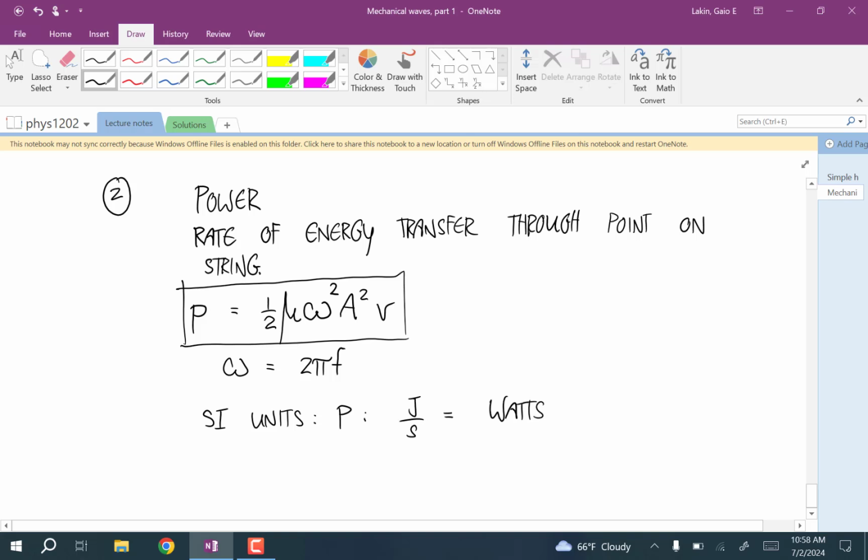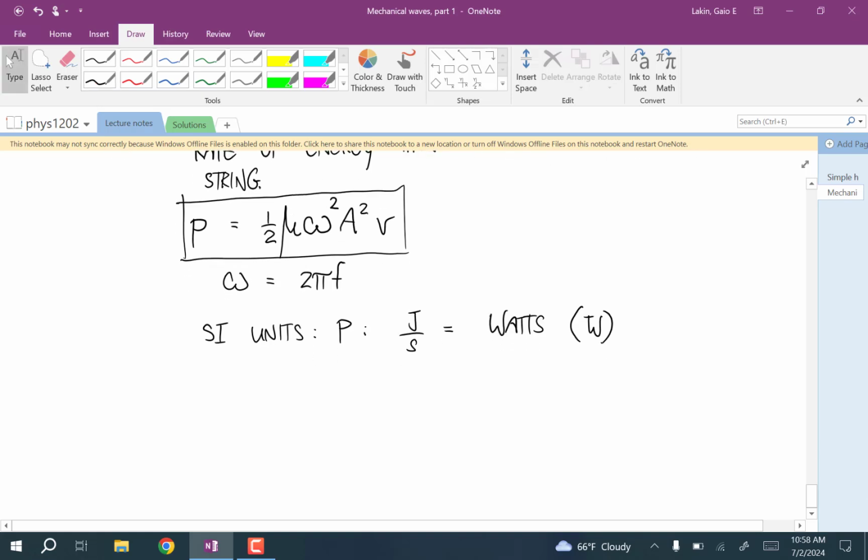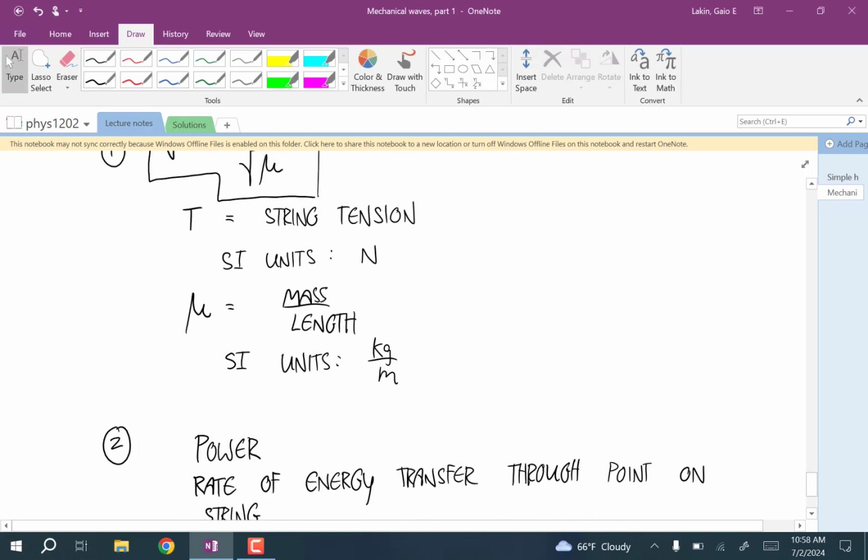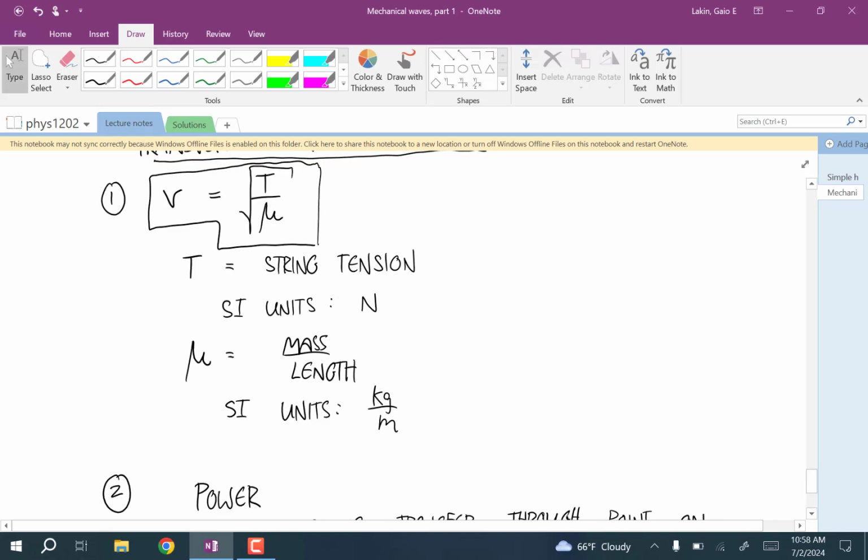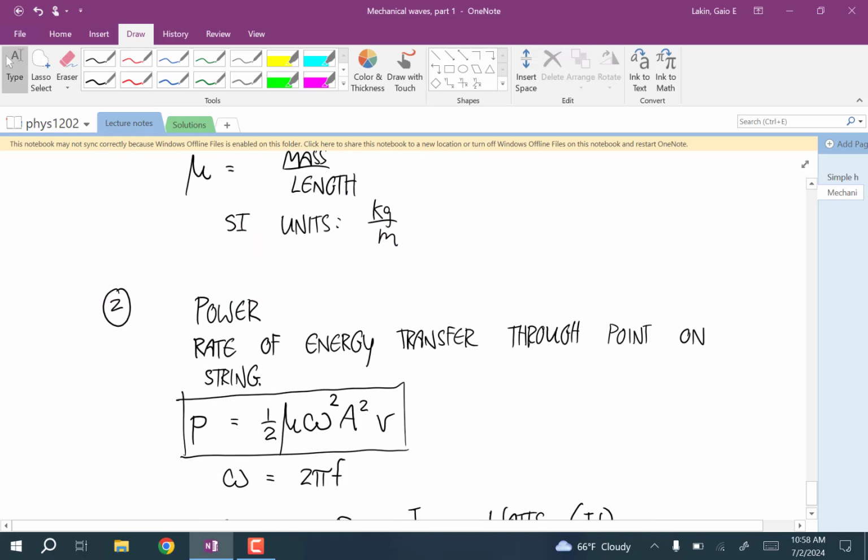So like when your light bulb is rated to 60 watts, that's saying it's using 60 joules of energy every second. And we denote that with a capital W. Okay, so these are the two new equations that we have for transverse waves along a string.